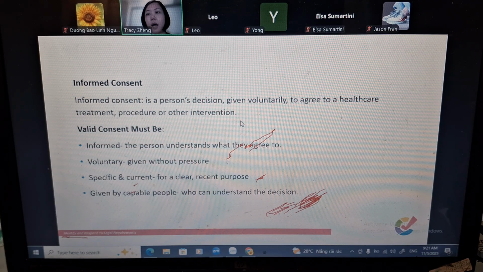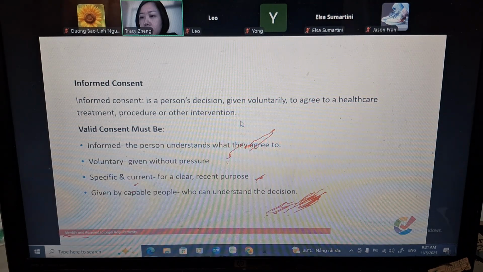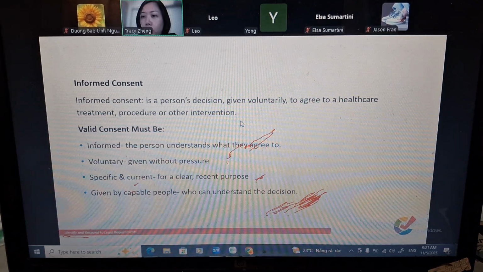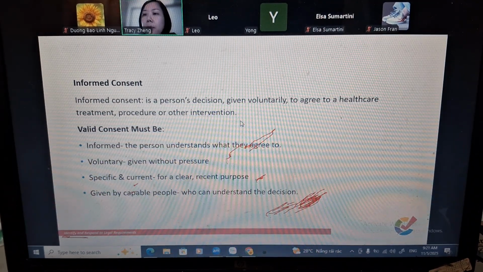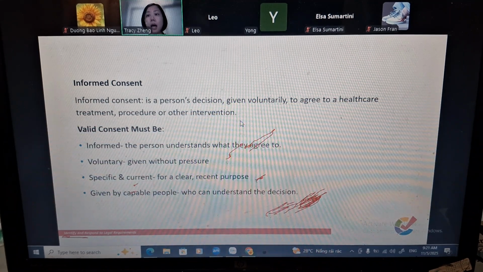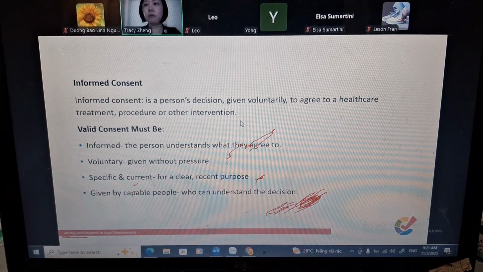Why do you think they are unable to give a valid informed consent? No? Why? What do you think? Why do you think people living with dementia are unable to give a valid informed consent?